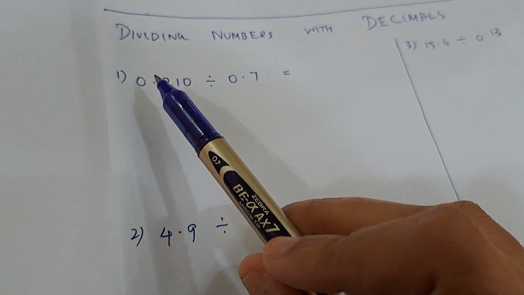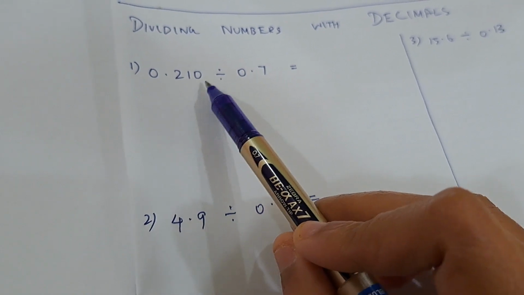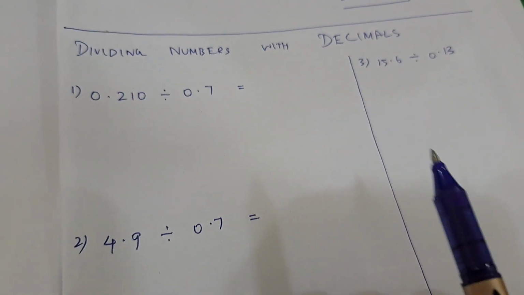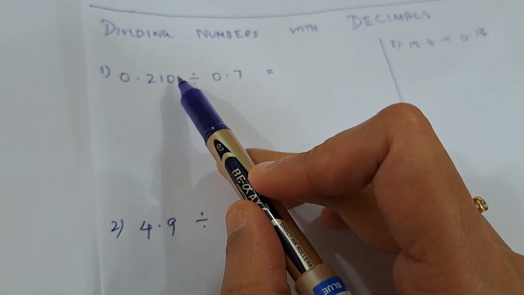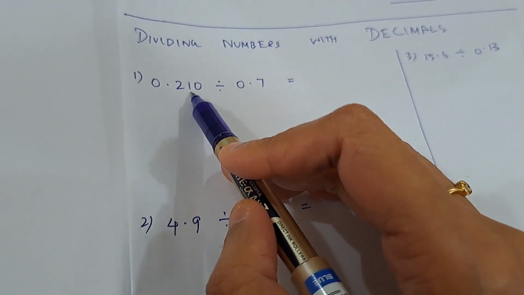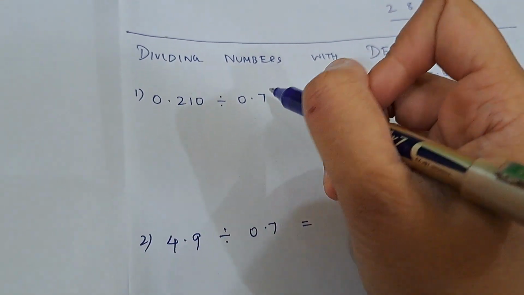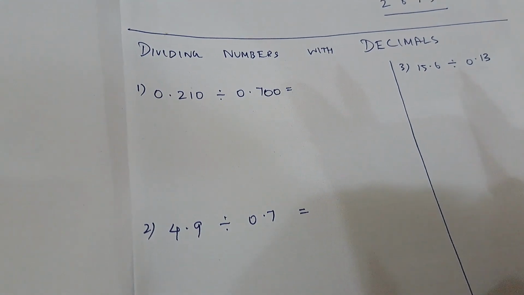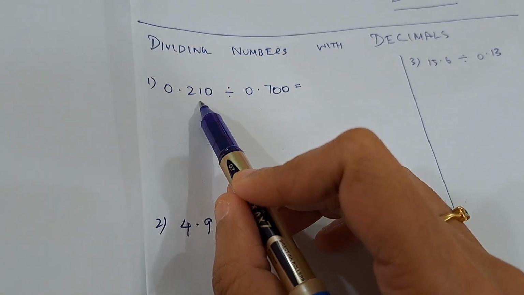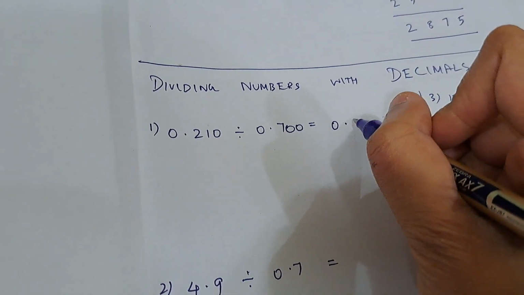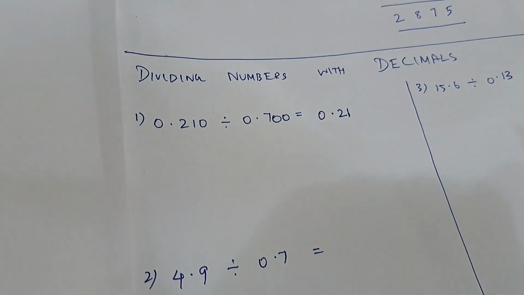So the first question, 0.210 divided by 0.7. You should note that I can write any number of zeros after the decimal point after the last non-zero digit. So this 0.7 can also be written as 0.7000. I mean to say that 0.210 is actually 0.21.